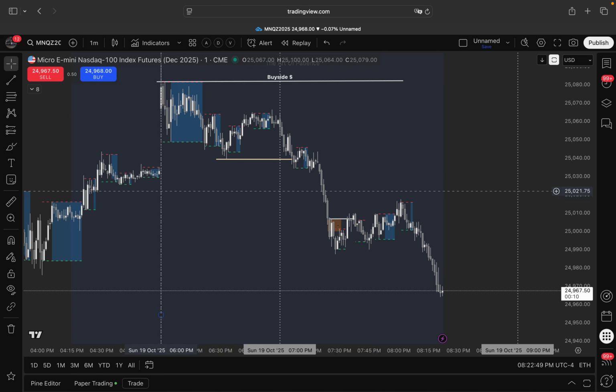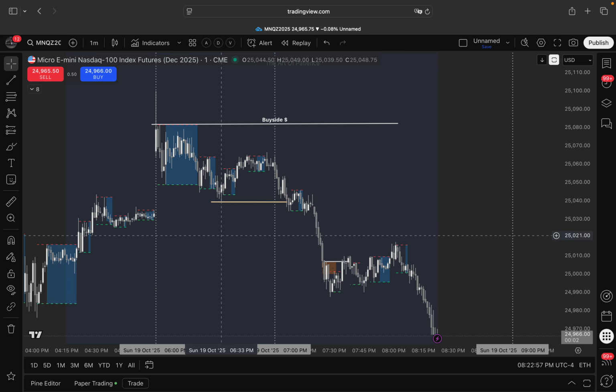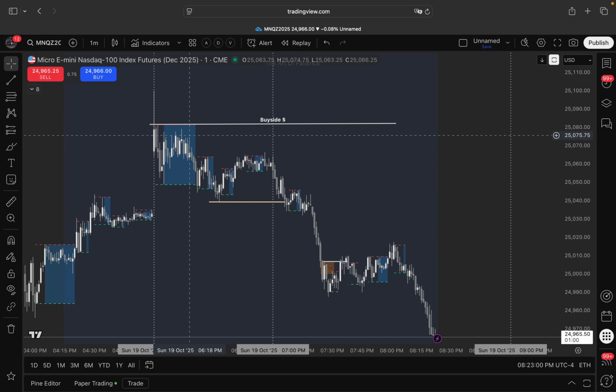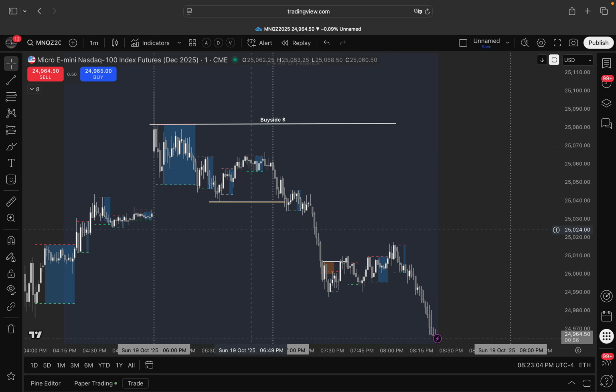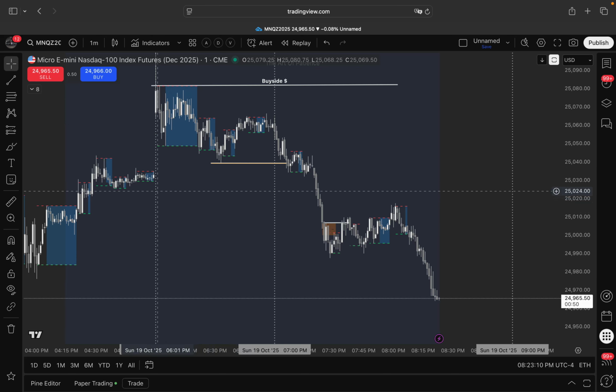So now, 6 p.m. and then 7 p.m. time frame. Between 6 and 7, we're going to look for the highest point and then the lowest point that forms within these two times, within this hour. So as you can see here, price opened at 6 p.m. and formed the high.